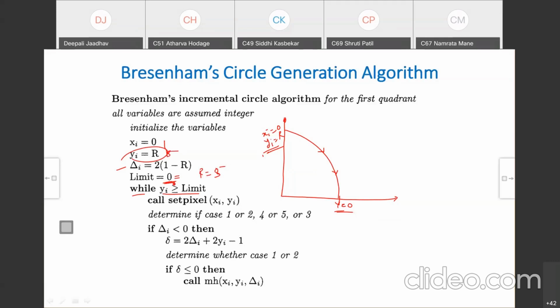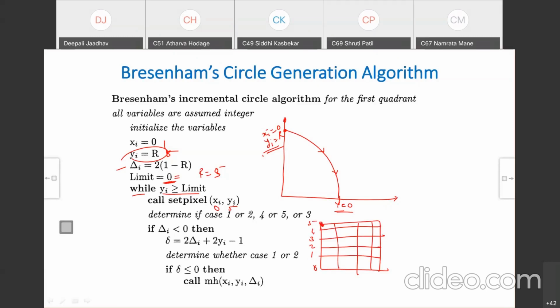Then set pixel xi, yi. What is xi initially? 0, and yi is 5. Set pixel (0, 5). So this pixel is generated on the circle. If we use a raster system like this, this pixel is generated, (0, 5).